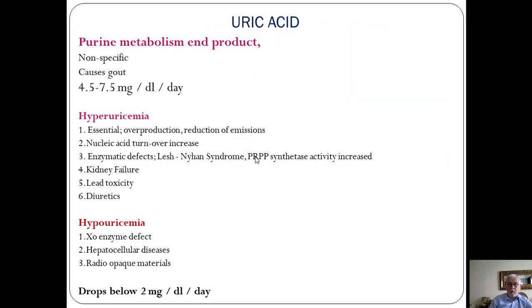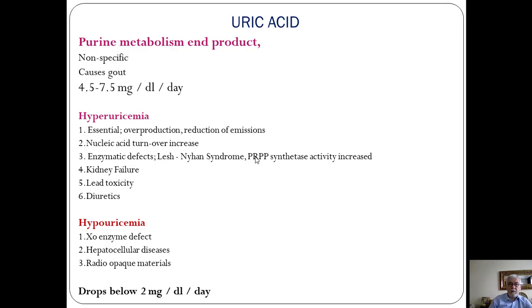Another molecule we can sometimes use for kidney function, but it is not a specific molecule for understanding problems of the kidneys, is uric acid. Uric acid is a purine metabolism end product, especially from the degradative pathway of adenine and guanine.